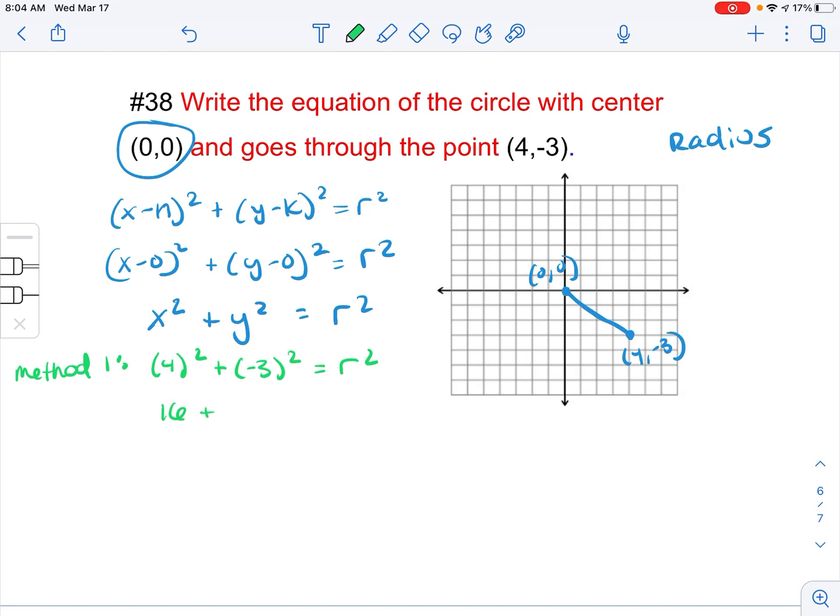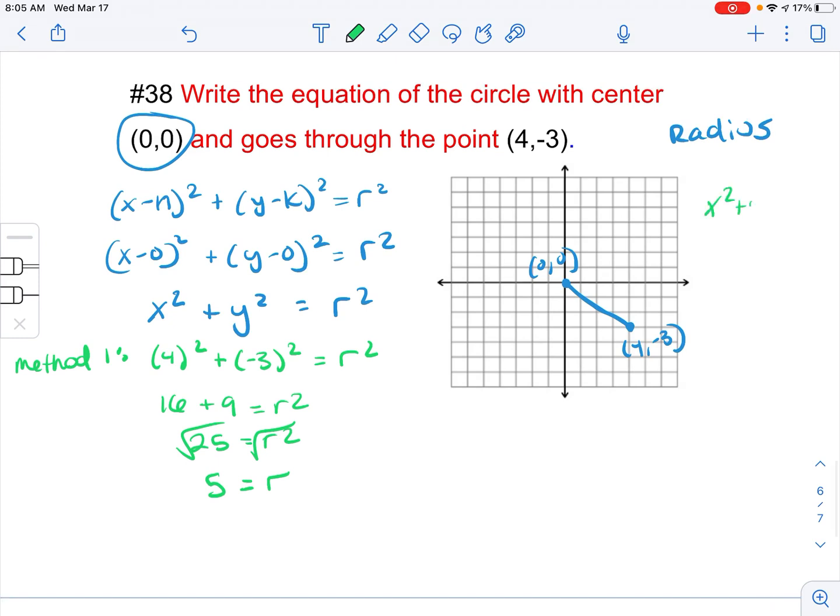So that's 16 + 9 = r². That's 25 = r². Take the square root of both sides. We get 5 because we don't have negative distance, equal to r. Making my new equation, right, x² + y² = 5², which is 25.